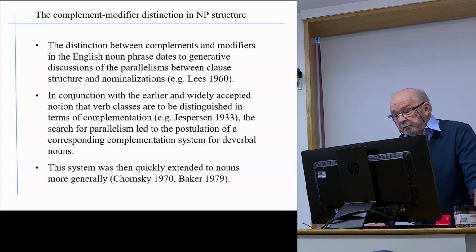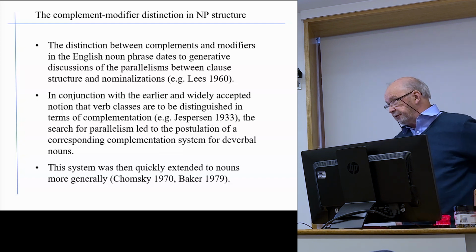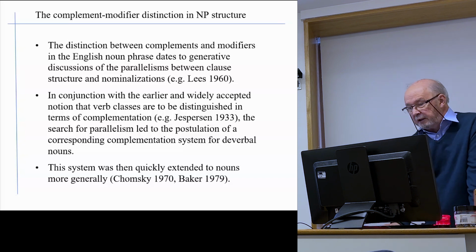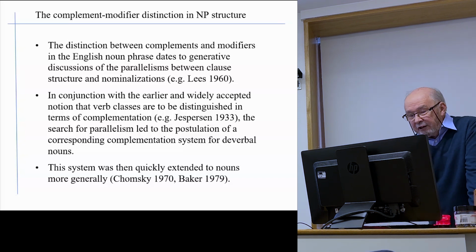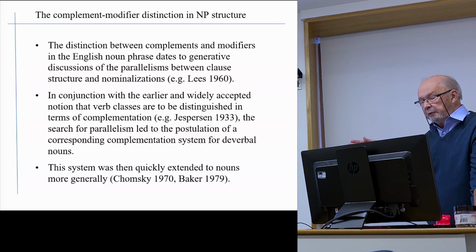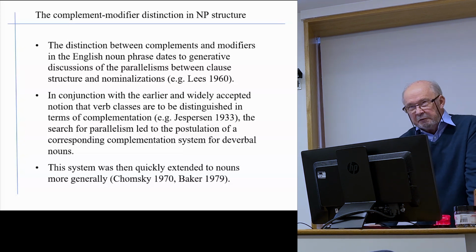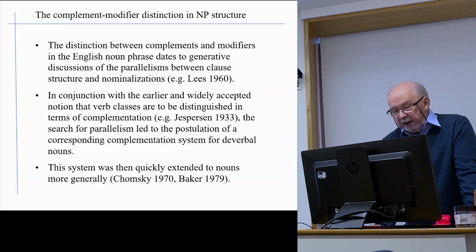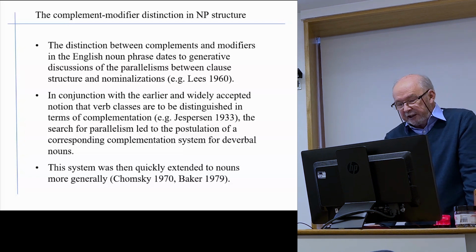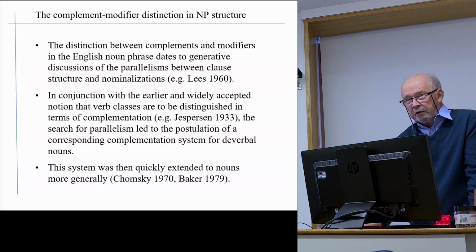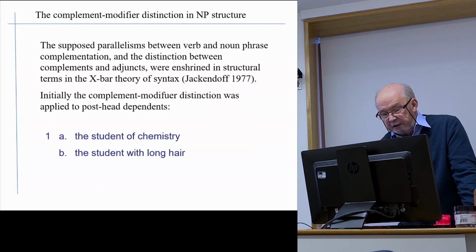So, in conjunction with much earlier and widely accepted notions that verb classes are to be distinguished in terms of complementation, Jespersen, for example, the search for parallelism led to the postulation of a corresponding complementation system for deverbal nouns. Then we had Chomsky's 1970 remarks on nominalization, where the whole system was essentially extended to nouns more generally. Baker followed that up.